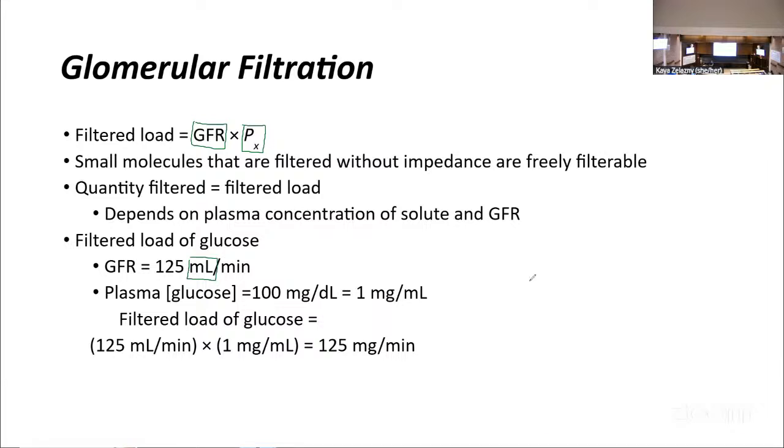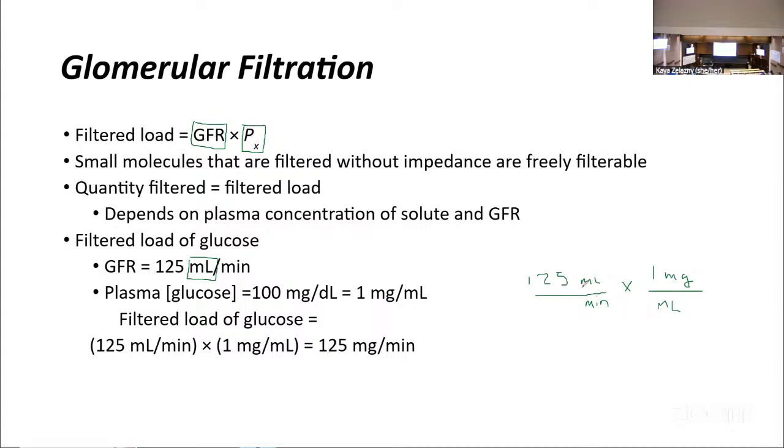So glomerular filtration rate, 125 milliliters per minute, times our concentration of glucose in the plasma. We're going to get 1 milligram per milliliter. I'm not going to be testing you on conversions in a lecture, so I'll give it to you in the right units if you have to do this.